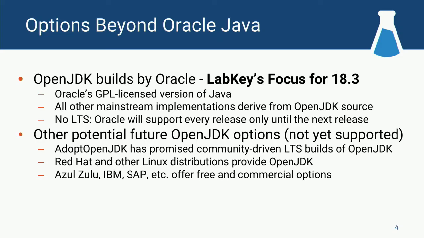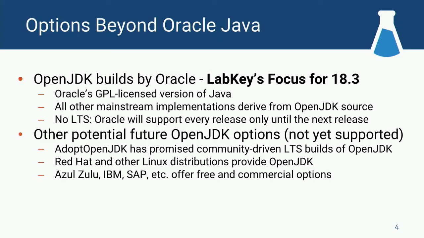And I'm kind of giving a spoiler alert here, but this is where we're focusing for 18.3. We're going to focus on this Oracle OpenJDK. That's what we've started testing on. So I said that OpenJDK 11 released last Tuesday, and on that day, across our development team and our test team, we started installing that on all of our machines for our personal development and testing.